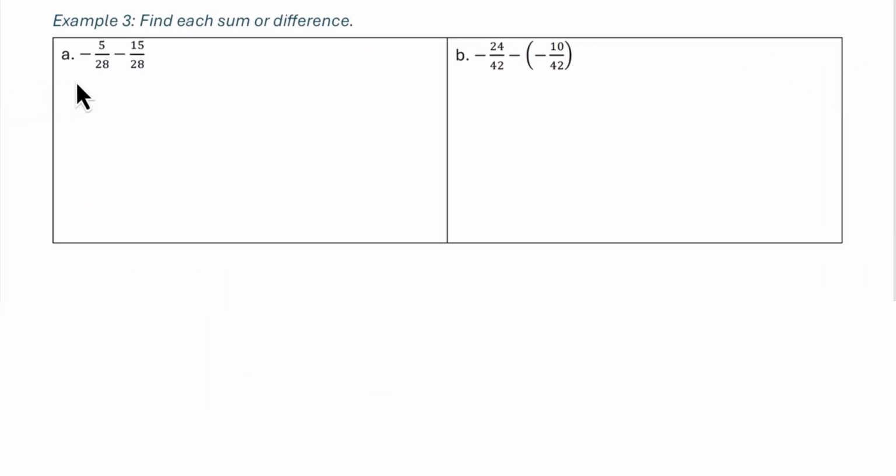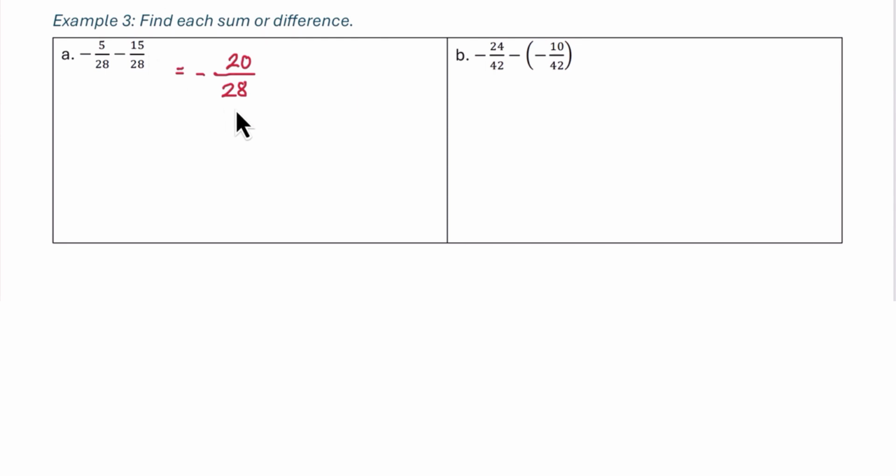In example 3, we have subtraction. Recognize that the denominators are the same, so we'll keep the common denominator of 28 and look at the numerator. Negative 5 minus 15 is negative 20. So we have negative 20 over 28.